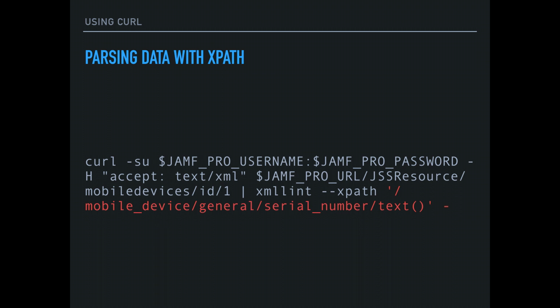So we've got /mobile_device/general/serial_number. So that's going to be the XML structure, and I'll show you that in a second. And then /text with the parentheses, which is basically a function that says, give me the text that you find in this location. And then once again, we have the dash for read from standard output from the last command.